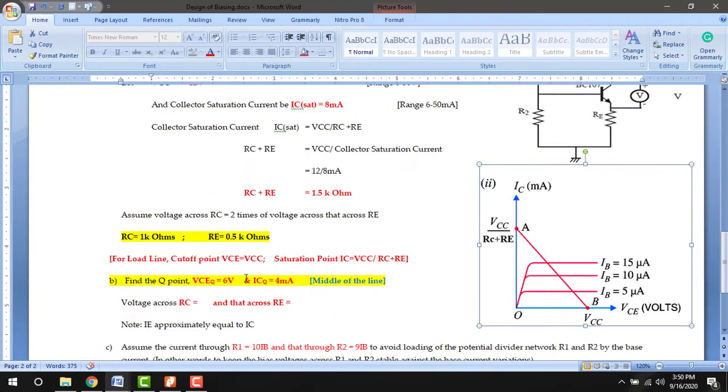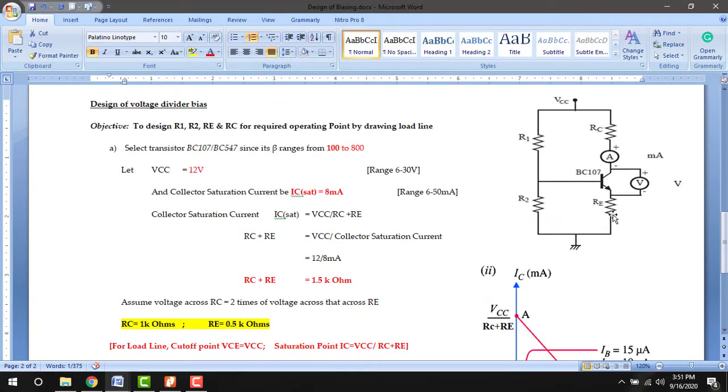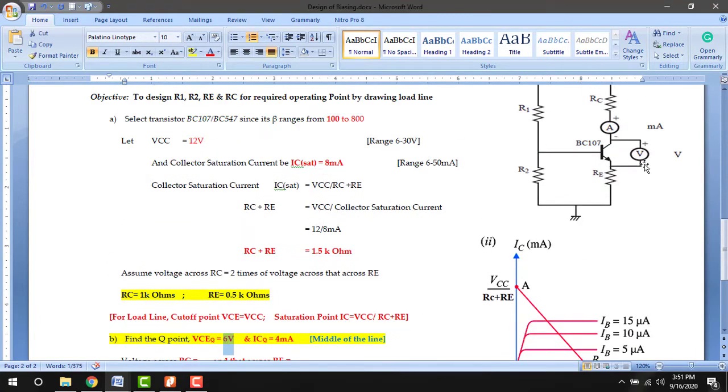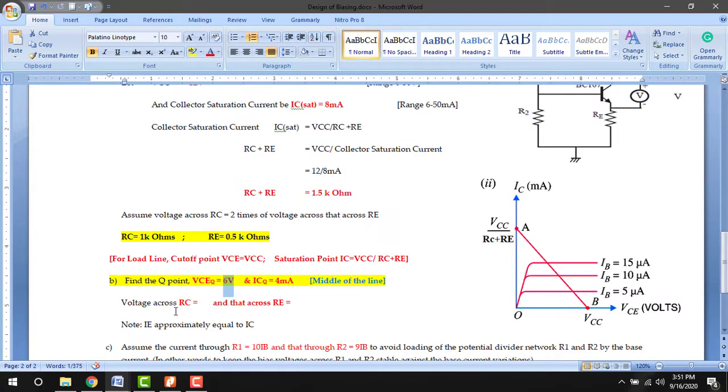Now the current is 4 milliamps. The current flowing through RC as well as RE is 4 milliamps, because it is not a saturation condition. The current is 4 milliamps and the resistances are 0.5 kilo ohm and 1 kilo ohm. So V is equal to IR. By multiplying, the voltage drop across RC, with 1 kilo ohm, is 6 volt.